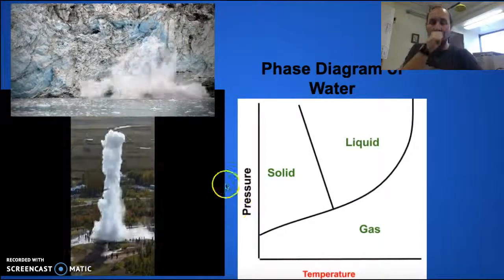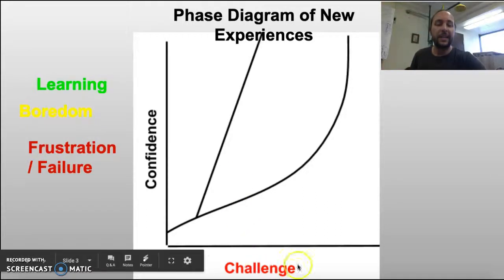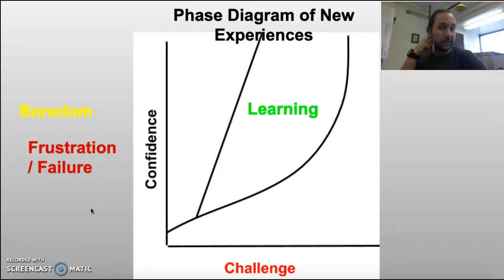Well, so how do I apply this to the concept of new experiences and grit? So in this class, I give you all kinds of new experiences, different kinds of challenges, right? So I'd like you to consider challenge to be one of the variables in any new experience, as well as your confidence. How confident are you that you can be successful at that new experience?